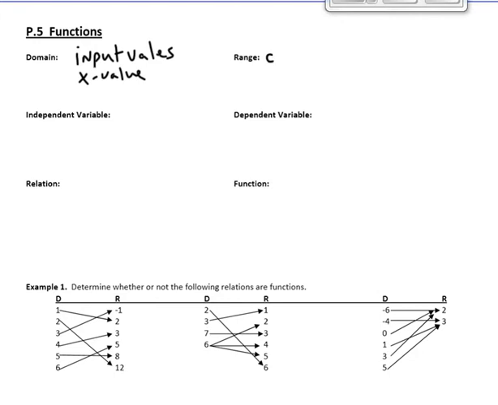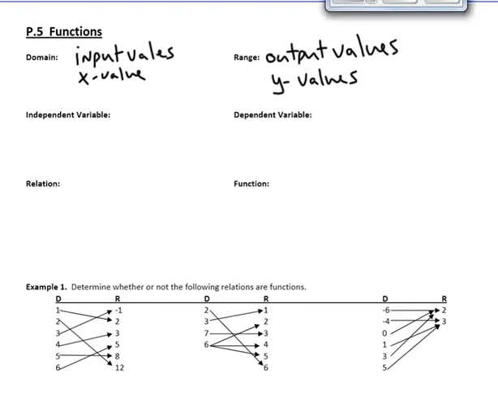The range then is the output values. And again, usually we're putting in x values and then we're getting out y values. So the input or the domain is going to be the x's and the range is going to be the outputs or the y's.